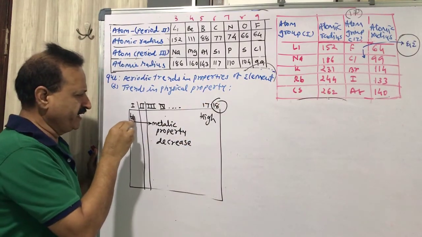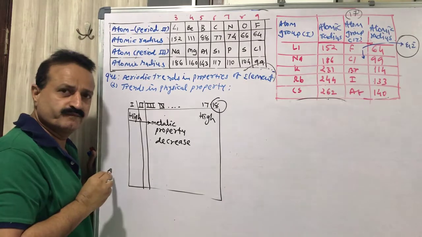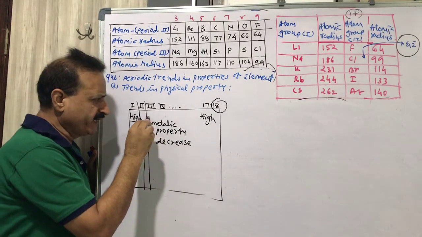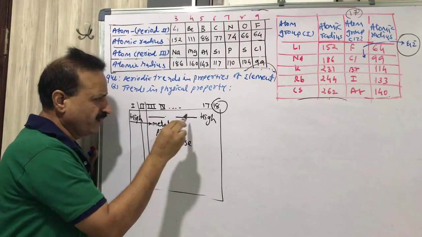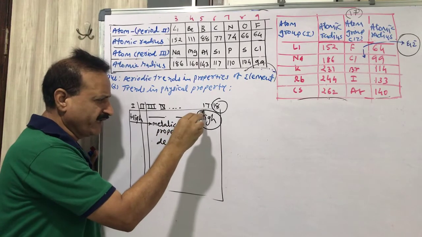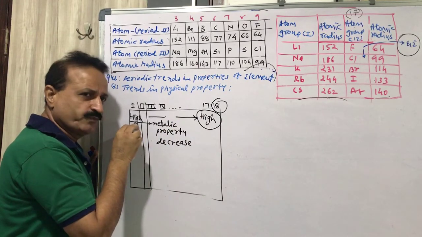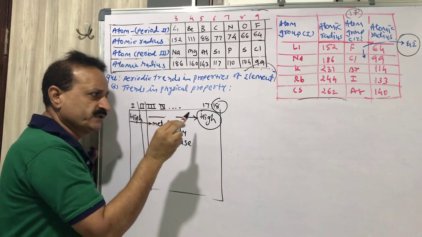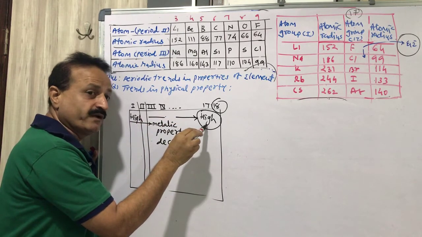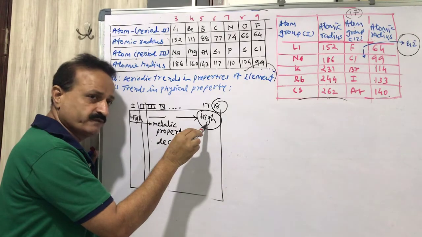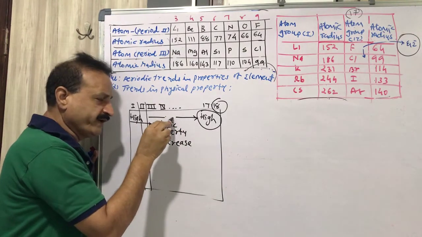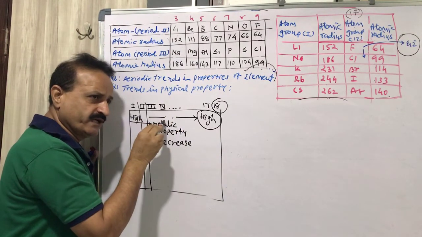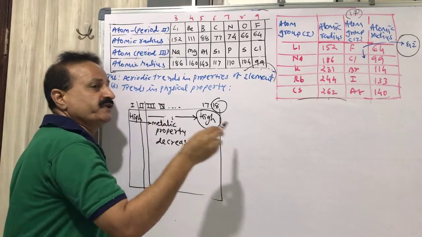Here chemical reactivity is high, here it is decreasing, and again it is high. First group chemical reactivity is high. 17 group chemical reactivity is also high. In the middle part it is decreasing, then after it is increasing.